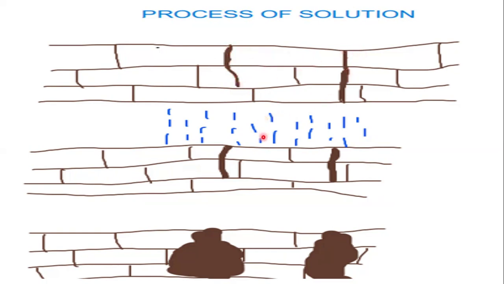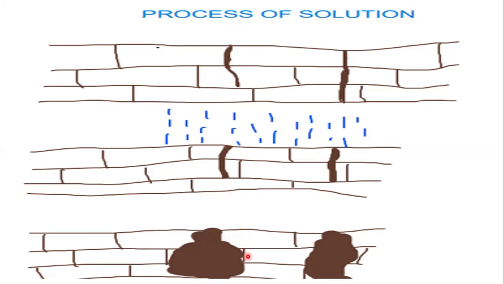When precipitation occurs, rainwater enters inside the cracks. Presence of carbon dioxide in rainwater dissolves the insoluble calcium carbonate into soluble calcium bicarbonate. Thus, the process of solution starts.